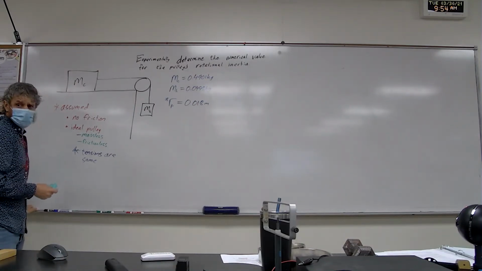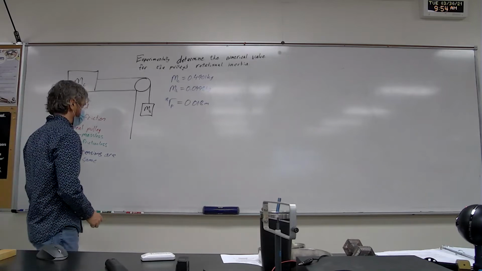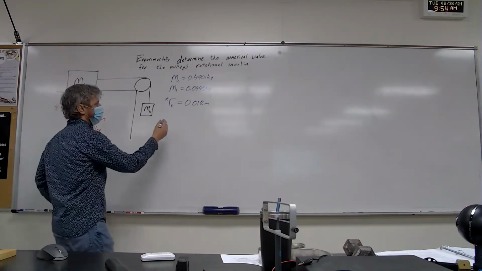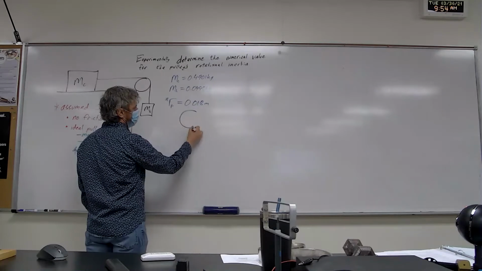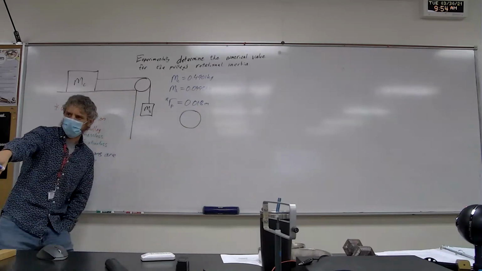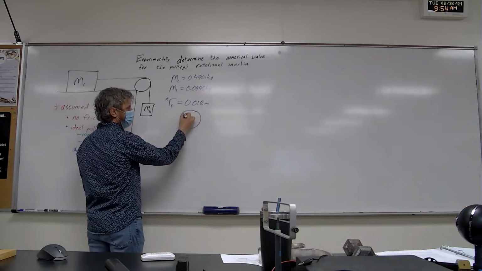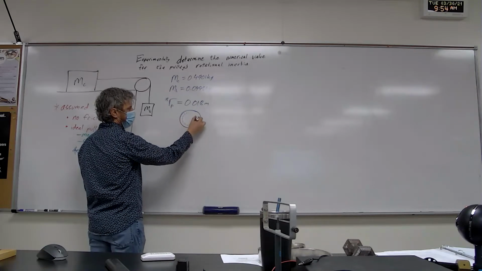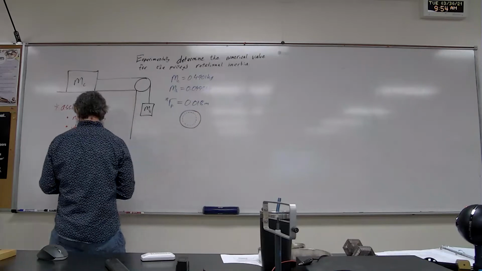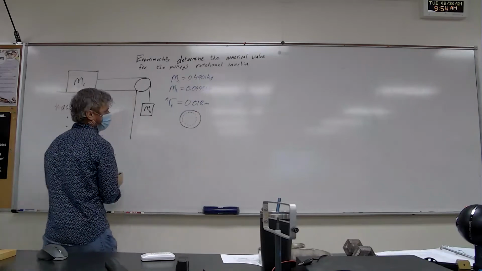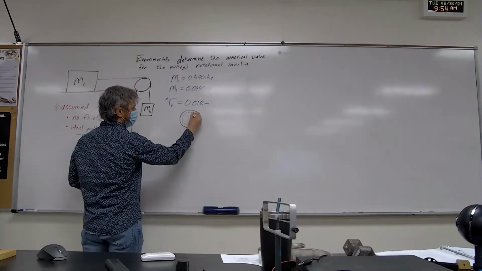Now I put a star on the pulley here. Well, the pulley actually looks more like this. If you look at it right now, that white pulley looks like that, but there's a groove cut into it, kind of deep. And that's where the actual strings are attached. That's where the string loops over.